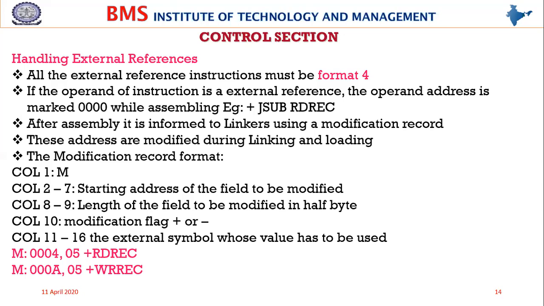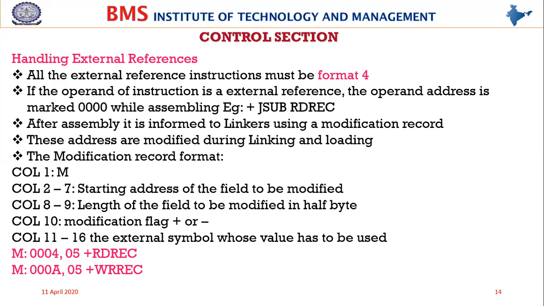That will usually be 5 half bytes, that means 5 into 4, which is equal to 20 bits. And which address should be added during the load address? Each control section may get its own address. So that starting address should be added to the address of that particular variable. So this is the specification done by your assembler.